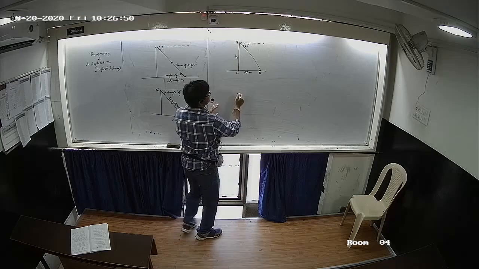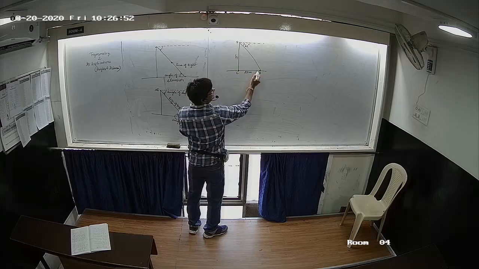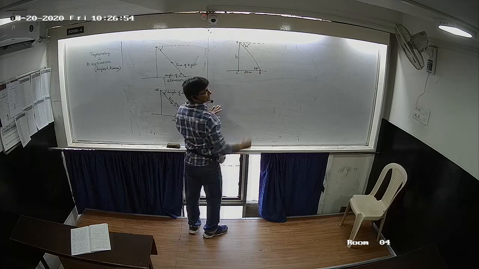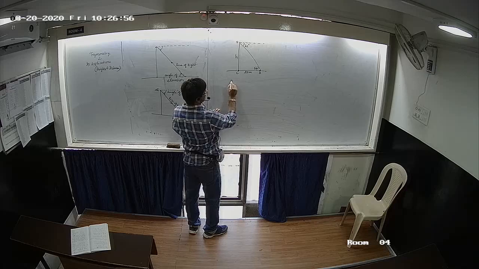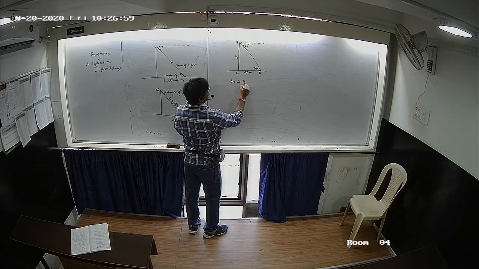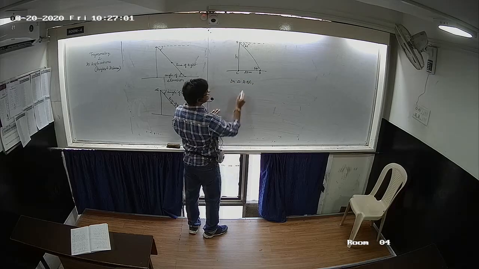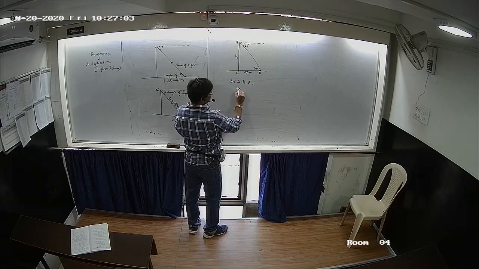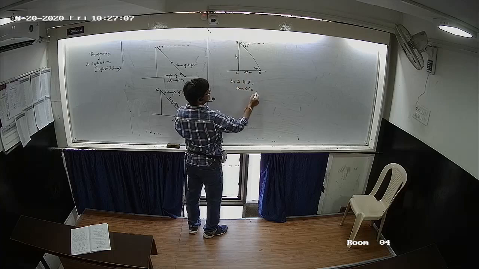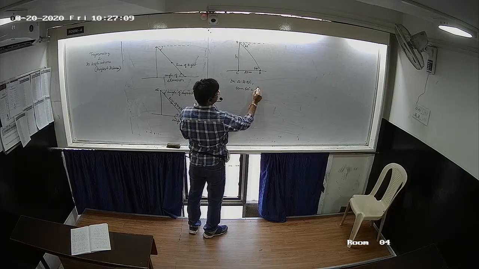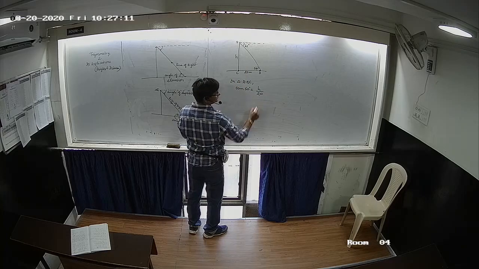So in that case, angle of depression is equal to angle of elevation. So we go for triangle ABC. Tan 60 degree is equal to opposite by adjacent, that is h upon 20.